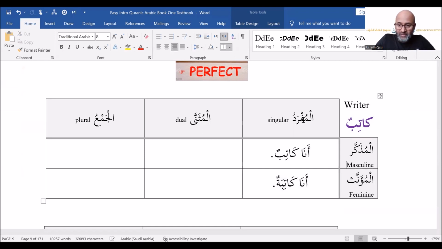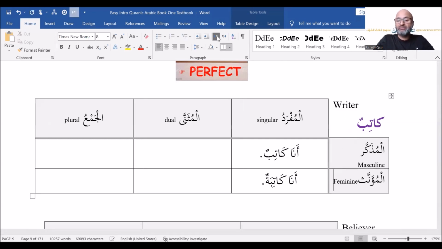So, the technical term for masculine in Arabic is al-mudhakkar. And the technical term for the feminine in Arabic is al-mu'annath. Al-mu'annath means the feminine.